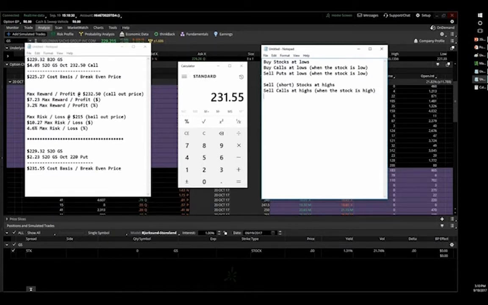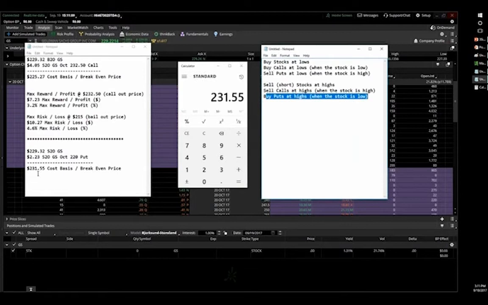And finally, we like to buy puts at highs, which happens to be when the stock is high, when the stock is low. Sell puts at lows when the stock is high. I'm sorry about that. I got that backwards. There we go. Buy puts at highs when the stock is low. Sell puts at lows when the stock is high. So whenever you're dealing with the puts, things are going backwards. That's the key thing to remember.